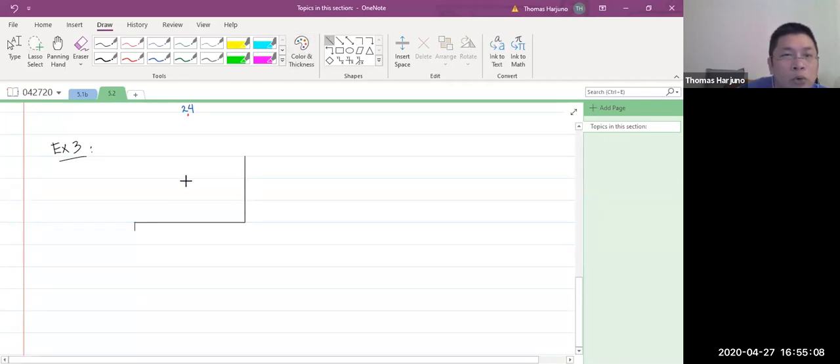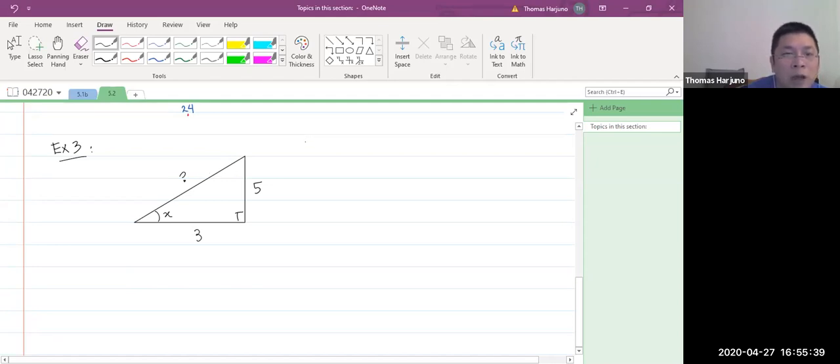Suppose I use 3 and 5 here, and let's say this is the angle X. Now, I want you to first find the value of the hypotenuse. No, this is not 3, 4, 5. The hypotenuse should be longer.